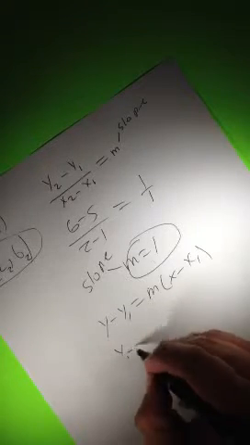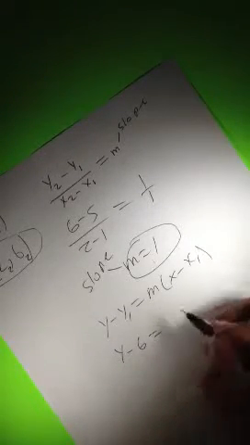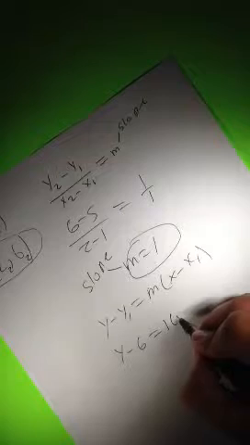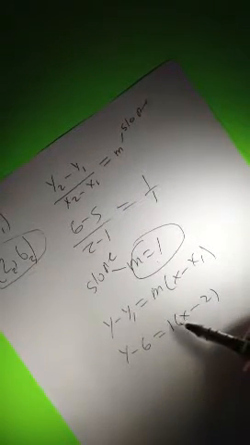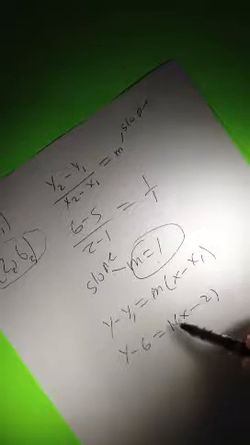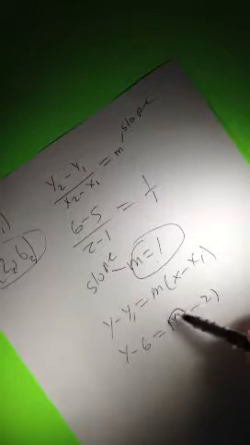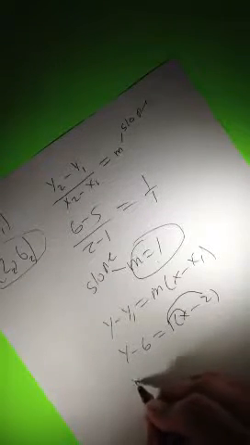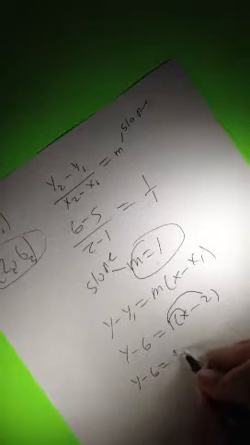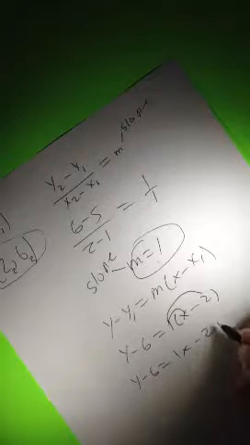So y minus 6 equals 1 for the slope, x minus 2. To solve this, I'll first have to distribute the 1 into the parentheses. So 1 times x, 1 times 2. So y minus 6 equals 1x minus 2.